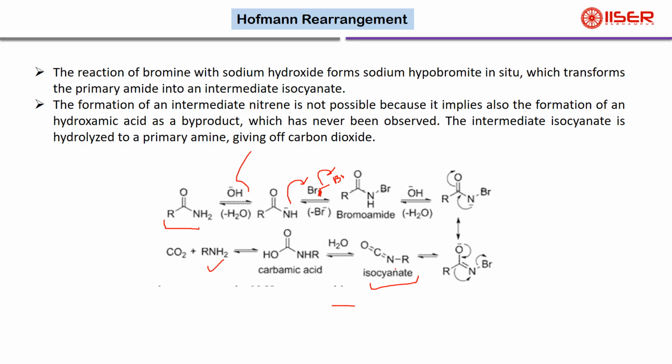Instead of water, if you add methanol in this step as a solvent, what will happen? Then methanol will attack this carbon center and it will open up, and it will form a carbamic ester.